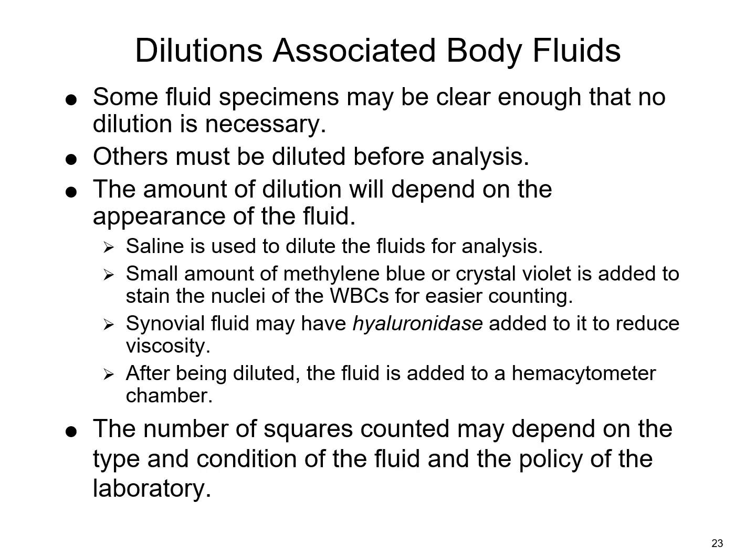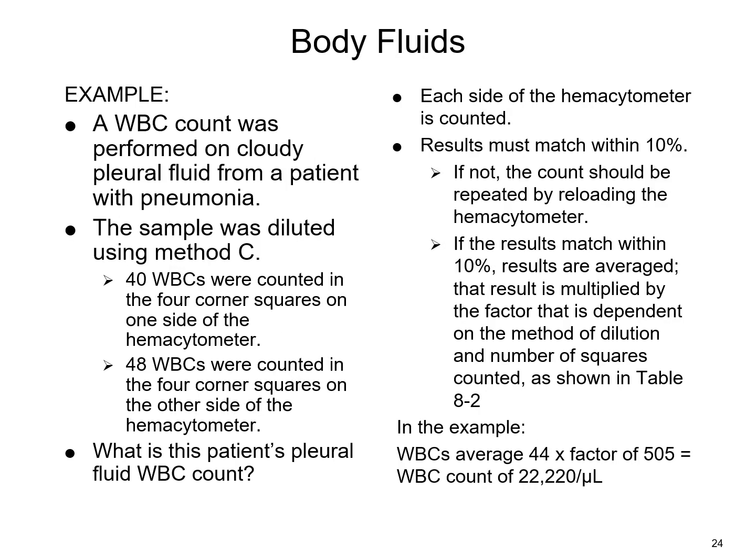If you need to do the dilution on the sample, you just need to remember to factor that dilution factor in when you're doing your actual calculations. The number of squares that you count is going to be based off of the particular fluid and what your policy is for your particular laboratory. As I previously mentioned, your site will have its own set of calculations of what it expects you to do.